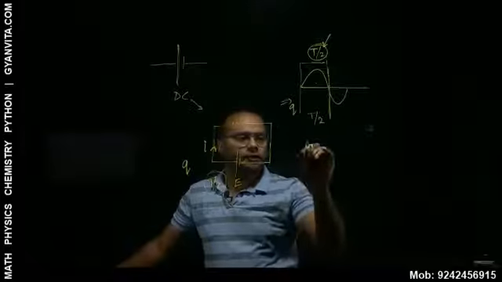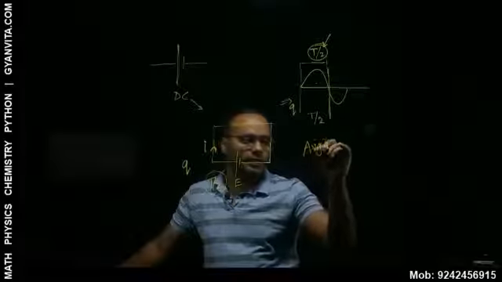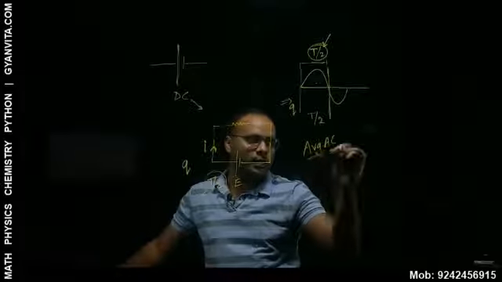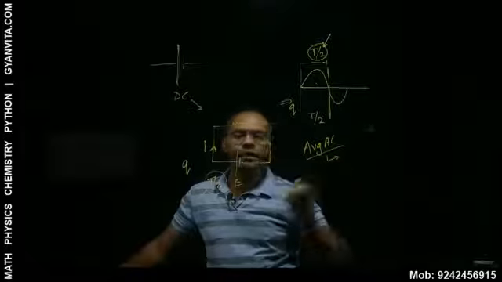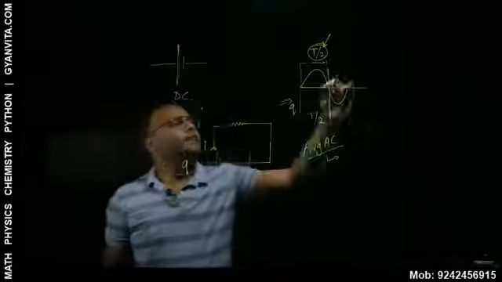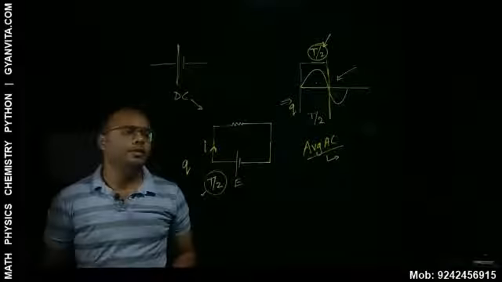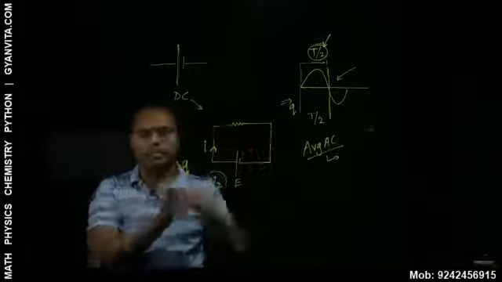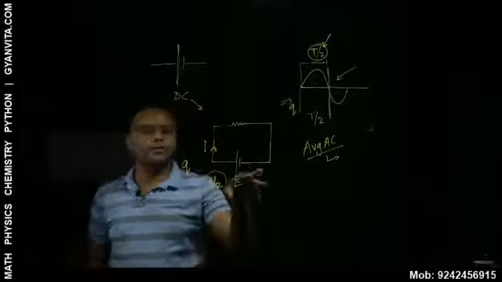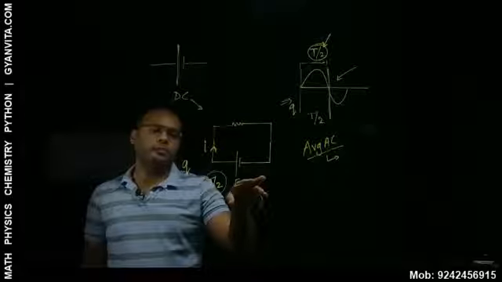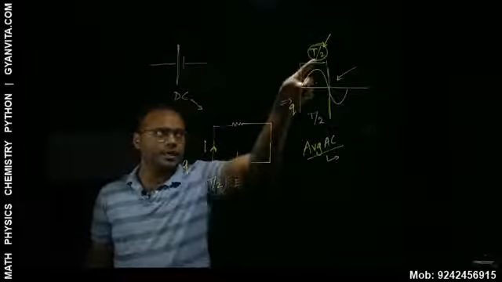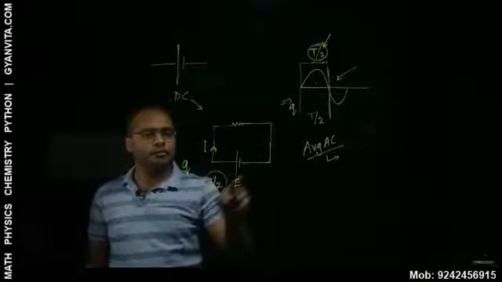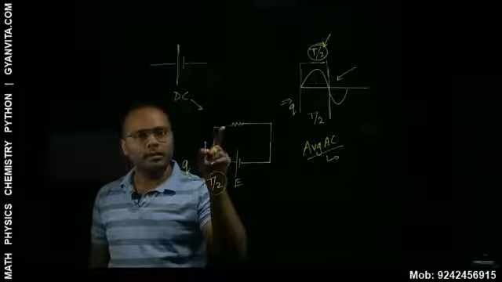So average alternating current is defined like that. It is not defined by just AC. We actually have to have a circuit which has a DC source, and we make sure that in the same amount of time we are able to produce the same amount of charge here as well.